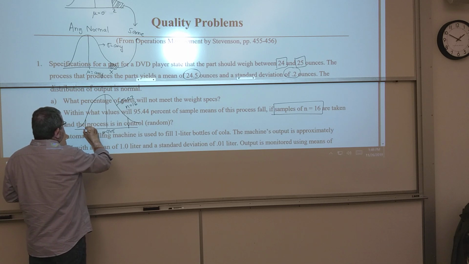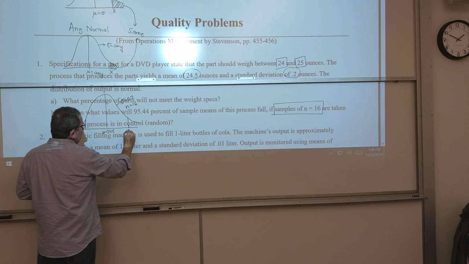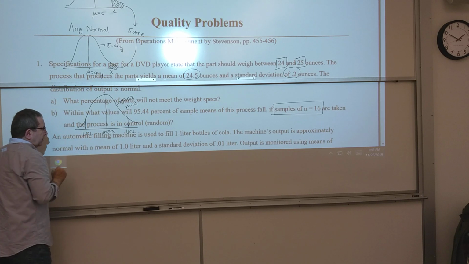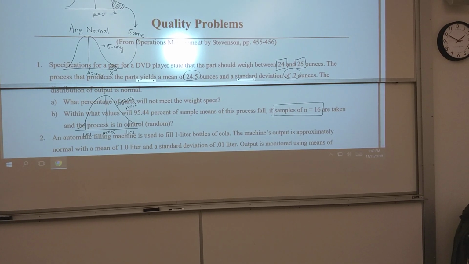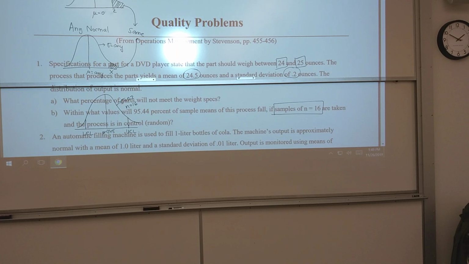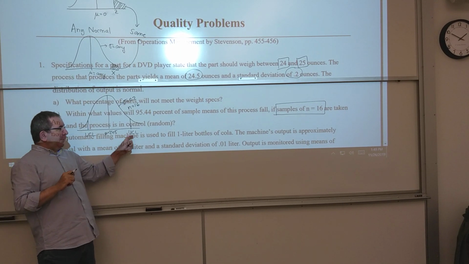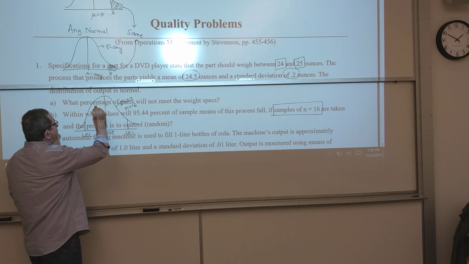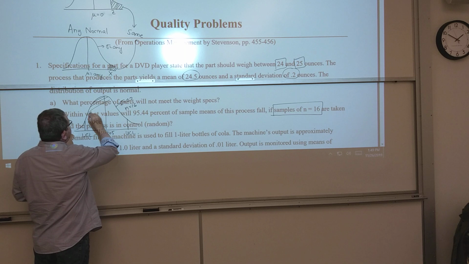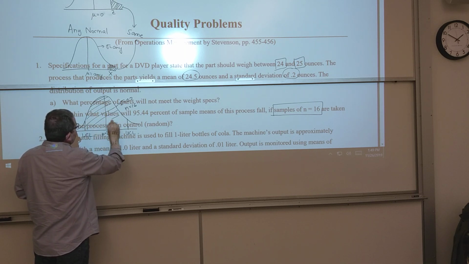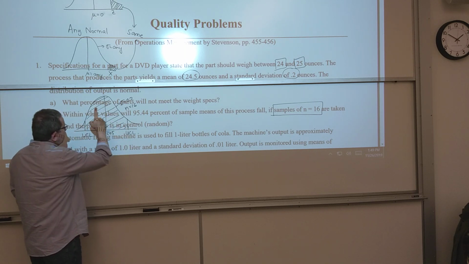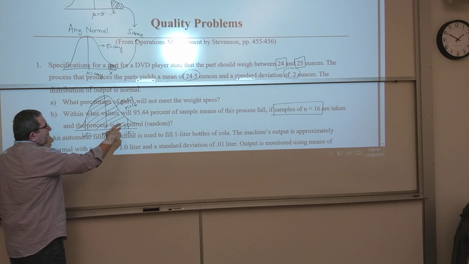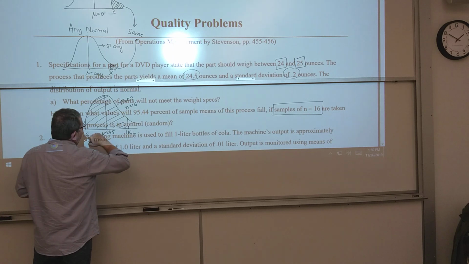So there will be two control limits, an upper control limit and a lower control limit. What are the values for the upper and lower control limits such that the percent of sample means in the shaded area is 95.44%?